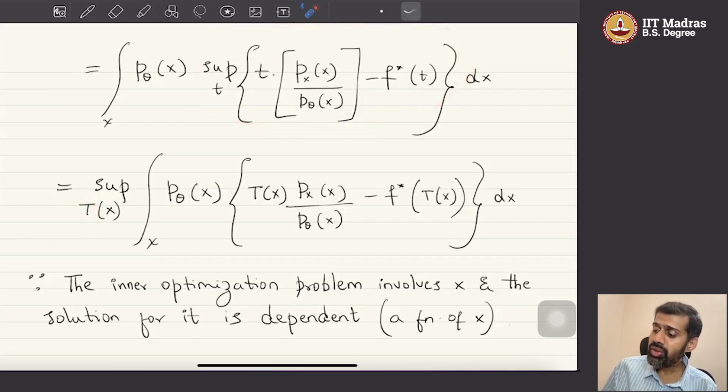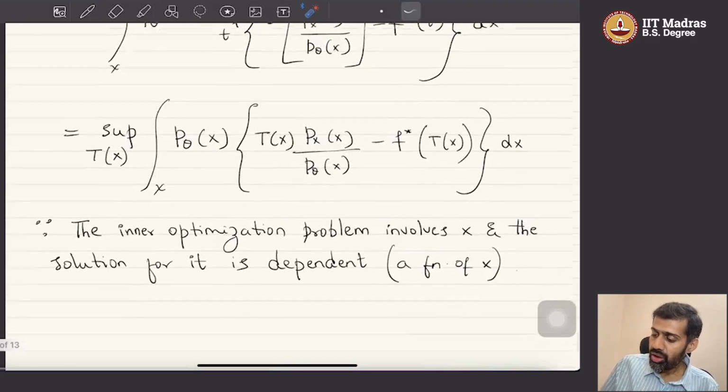Because of the dependence of the inner objective on x, if I push the supremum outside, then the search is not over a scalar t, but over a set of functions t of x, such that if you plug in a value, the function gives the solution for this optimization problem.